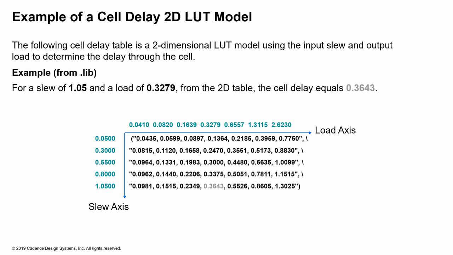So index 1 would then be the load, and index 2 would be the slew. And so for an example, for a slew of 1.05 and for a load of 0.3279, it's showing 0.3643. So you would actually determine that based on the lookup table, and that's what the tool will also do.